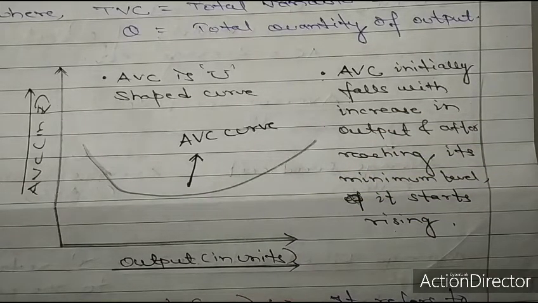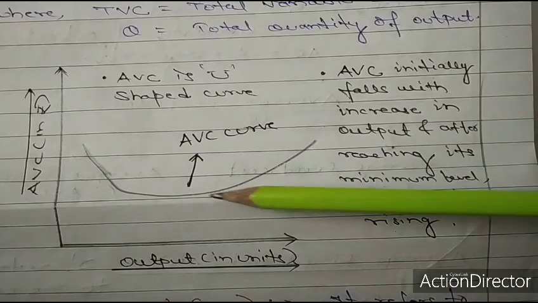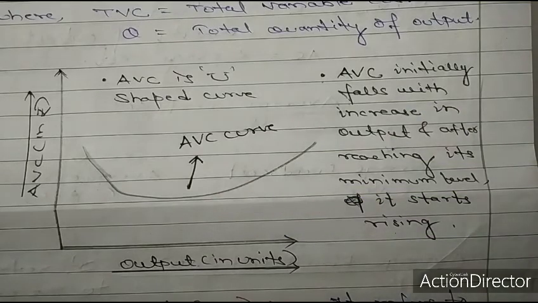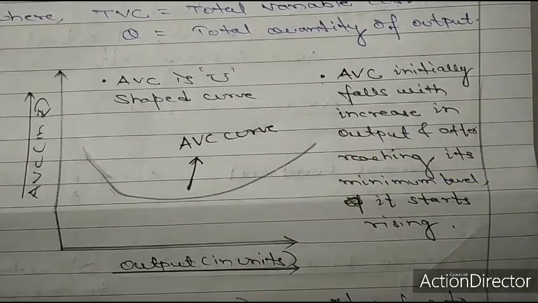The U-shape basically indicates that as output increases, initially average variable cost is decreasing. Then it remains constant for some time, and again starts increasing. So these are the three phases of average variable cost.